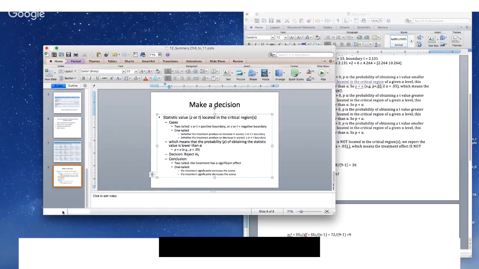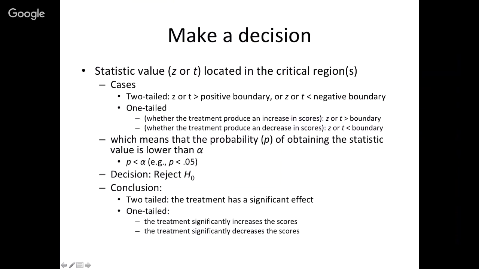This means that the probability of obtaining a statistical value is lower than alpha, so it's very unlikely to obtain this kind of T or Z value. So we write it as p smaller than alpha, for example, p is smaller than 0.05.